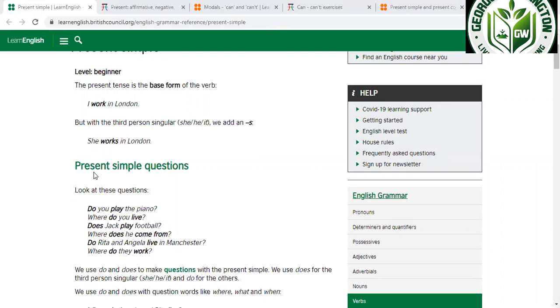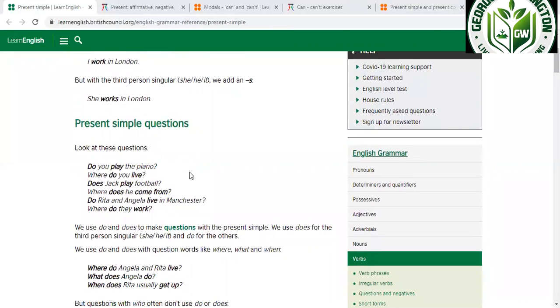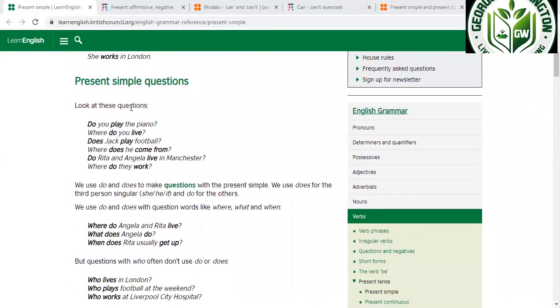To write present simple questions, what I need to do is use do as the auxiliary verb. Then I write the subject and then the verb in the base form or the infinitive form, and then the complement. Do you play the piano?